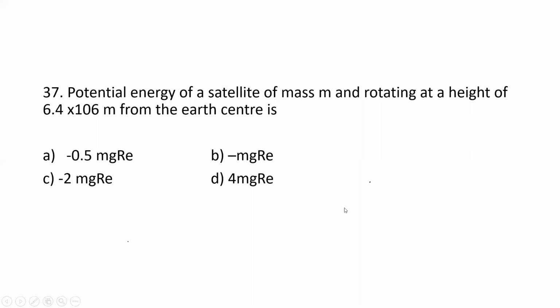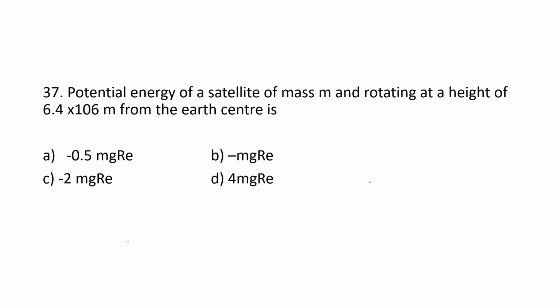Next question. Potential energy of a satellite of mass m and rotating at a height of 6.4 into 10 to the power of 6 meter from the Earth center is? So we need to calculate the potential energy of the satellite. How to do this one?